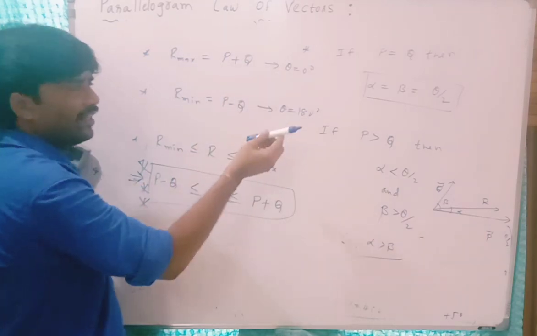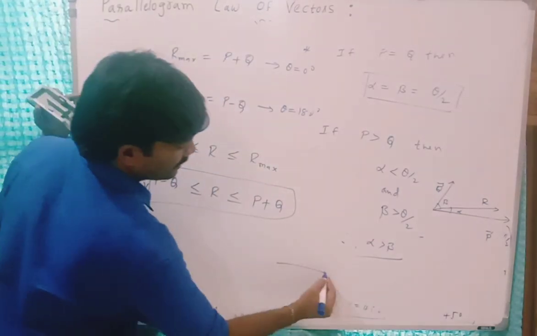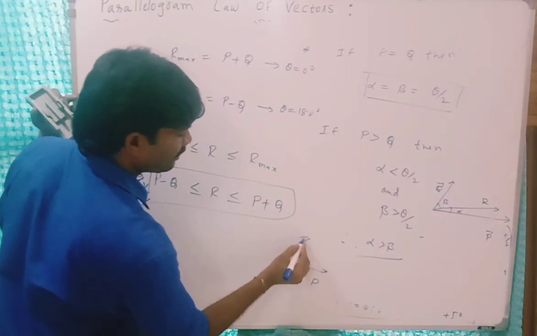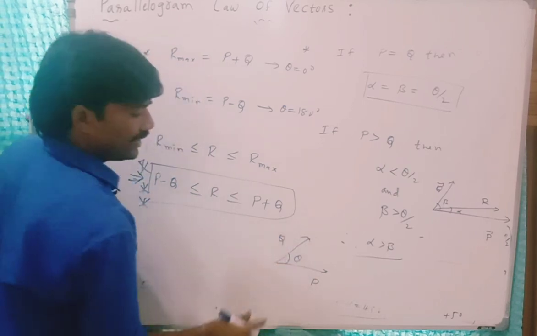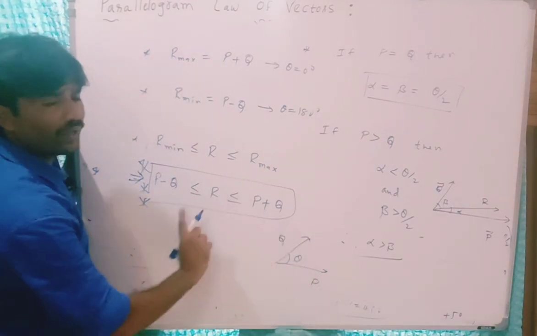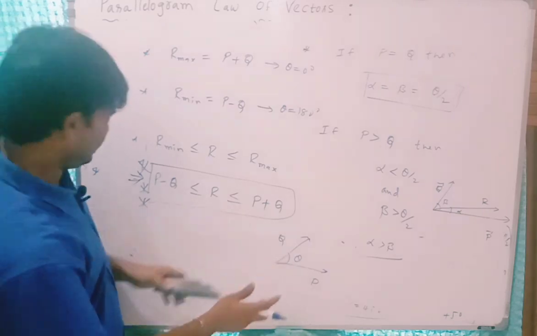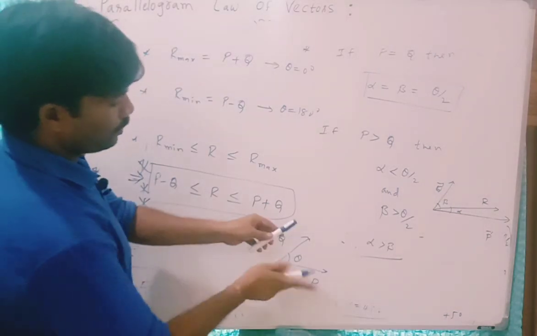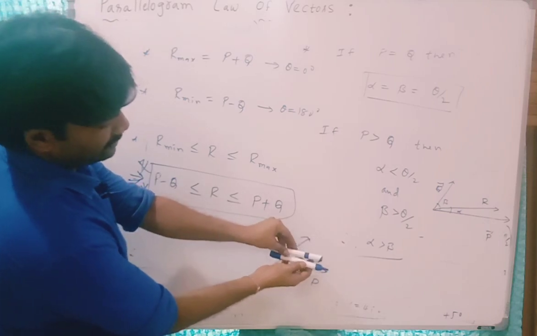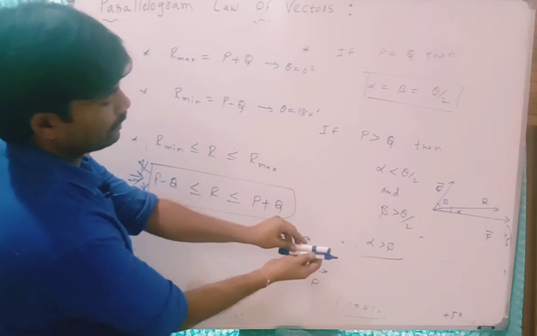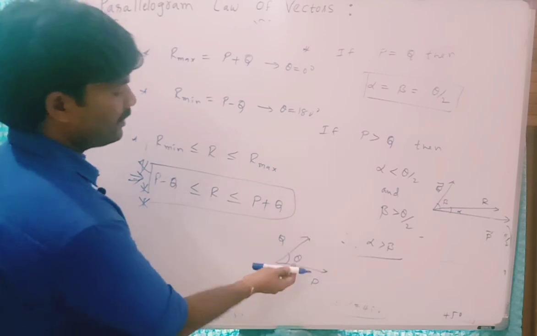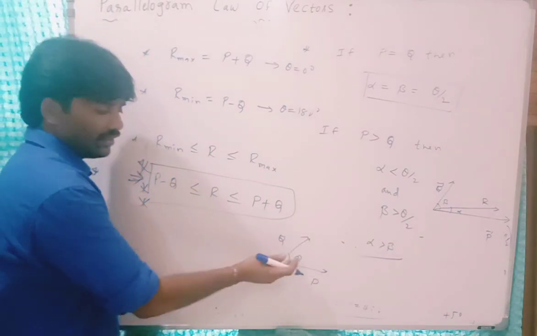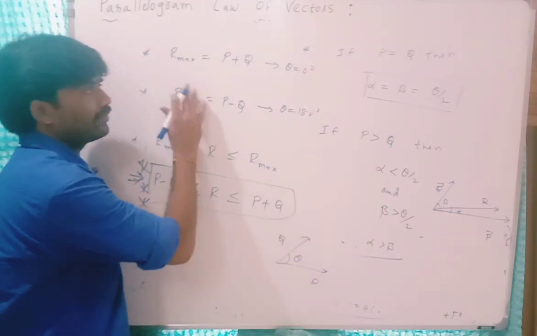If this is the P vector and this is the Q vector, this is the angle. If you change this angle from 0 to 180 like this, the magnitude of the resultant decreases from maximum to minimum.